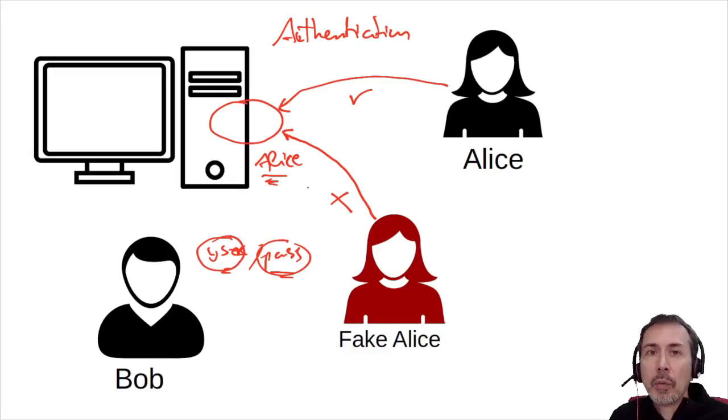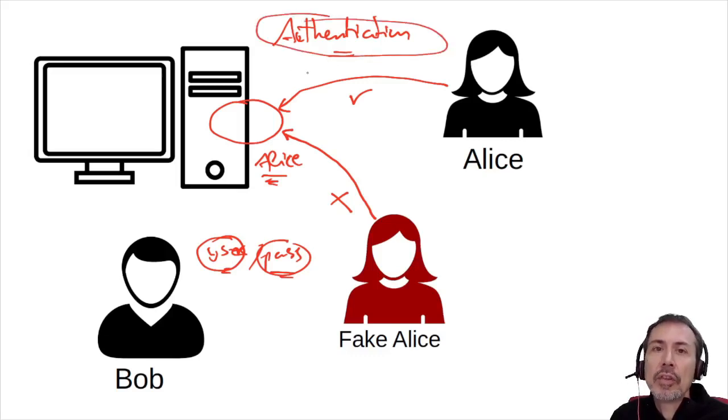But that is not the only way. There are multiple systems of authentication. For example, digital certificates. For example, smart cards. For example, biometrics. So there are many ways, but we only see user password authentication.